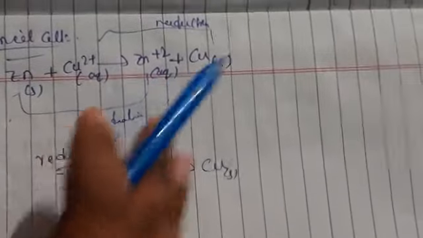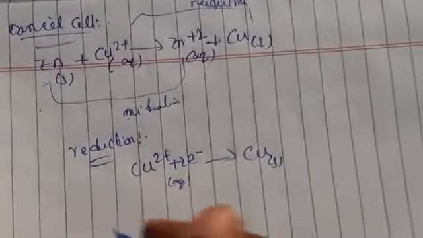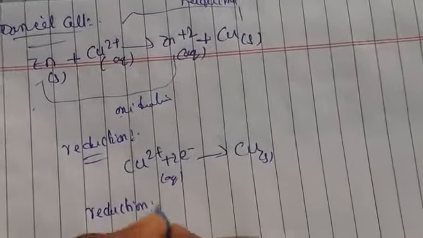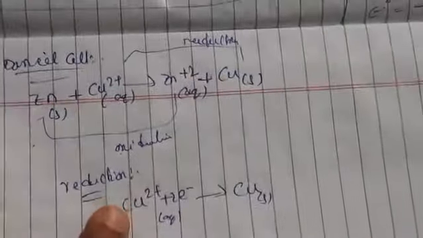Coming to here, what I have told you is that zinc will undergo an oxidation reaction, but here it is a reversible process. The Nernst equation applies to the reversible process. So even though zinc undergoes oxidation, zinc can also undergo the reduction reaction. Why?